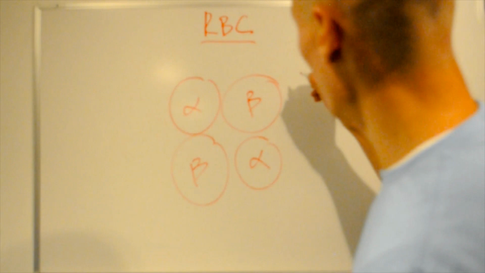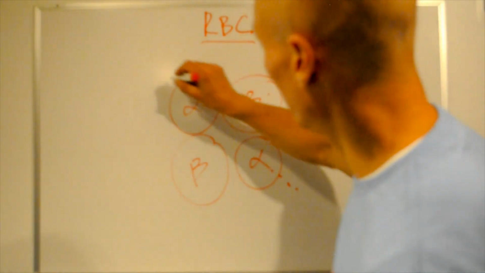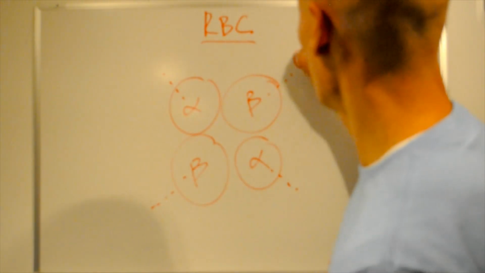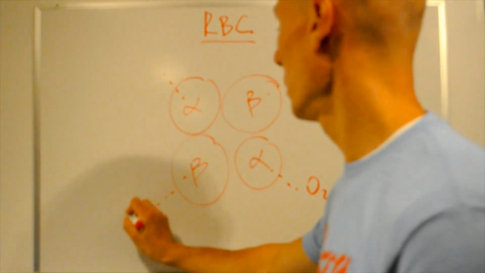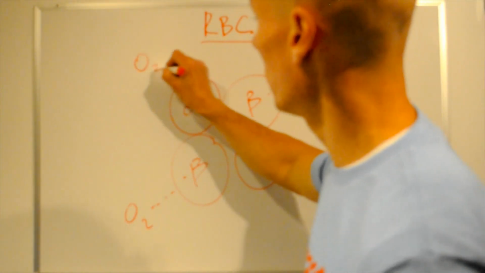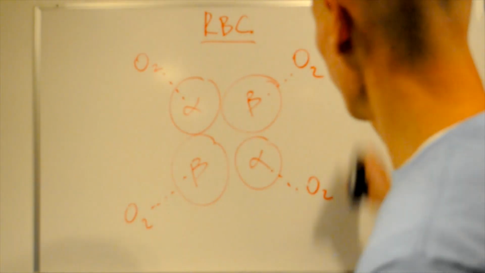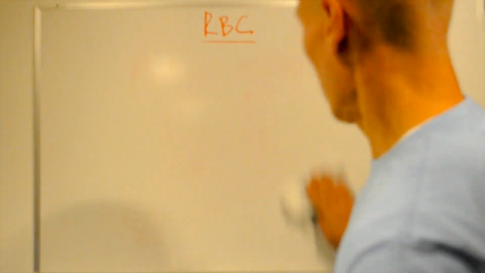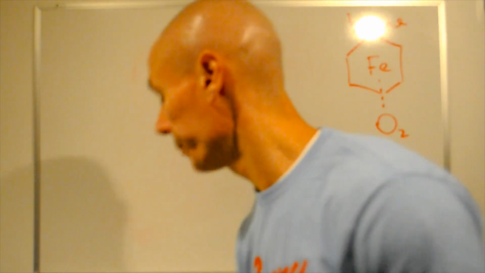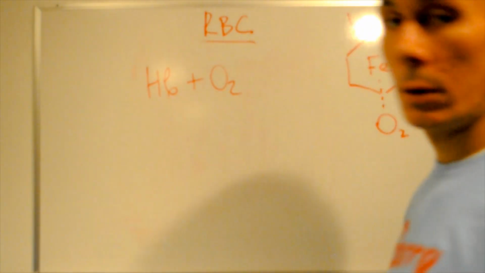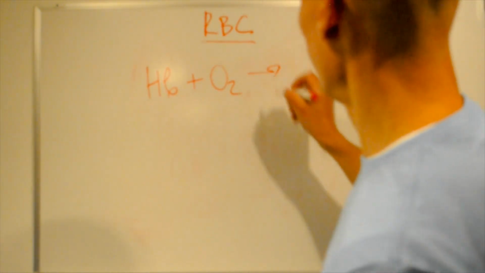So essentially, one molecule of hemoglobin can bind 4 molecules of oxygen. When hemoglobin binds oxygen, it becomes oxyhemoglobin.